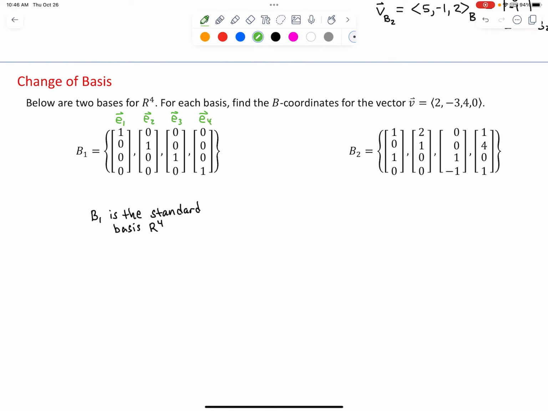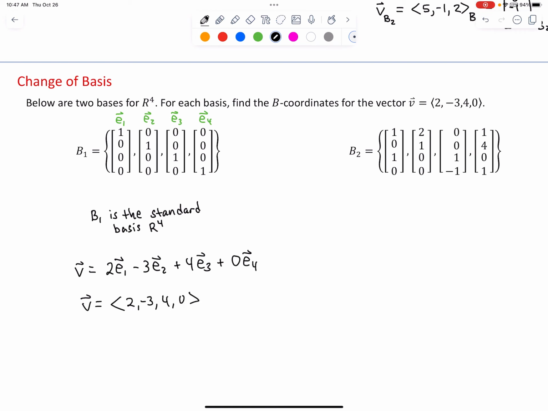But these are the 4 standard basis vectors for R4 in order. And to construct vector v, we simply have to do 2 copies of the first one minus 3 copies of the second basis vector plus 4 copies of the third basis vector, and then we don't need any copies of the fourth basis vector. And of course, this gives us the coordinates 2, negative 3, 4, 0.